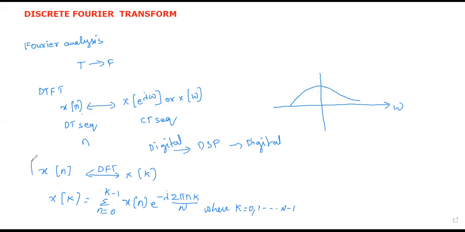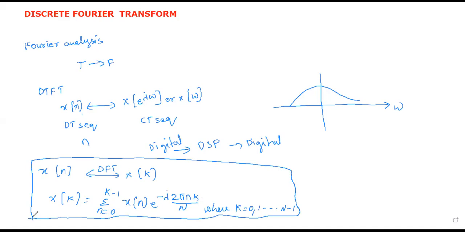Here it is a two-dimensional signal, because there are two variables, one is n and the other one is k. So we can represent it in terms of a matrix.